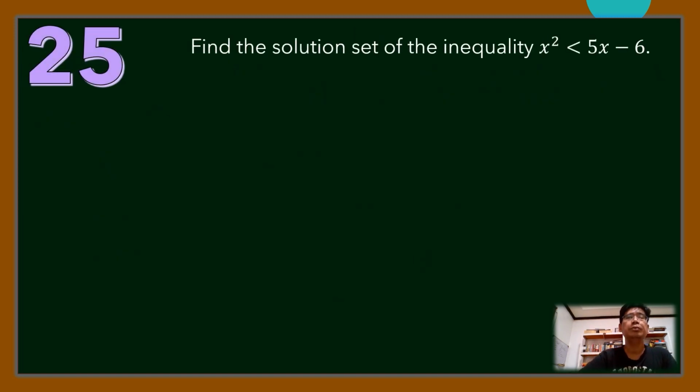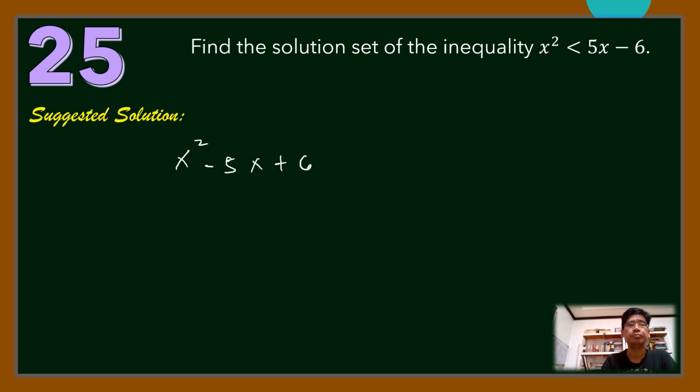Last question for part 1. Find the solution set of the inequality x squared is less than 5x minus 6. Here's our solution. Let us write the inequality with the right-hand side 0. So we have x squared minus 5x plus 6 is less than 0.